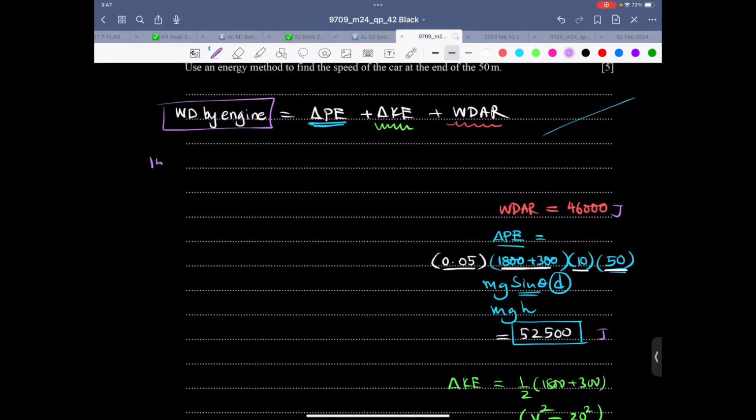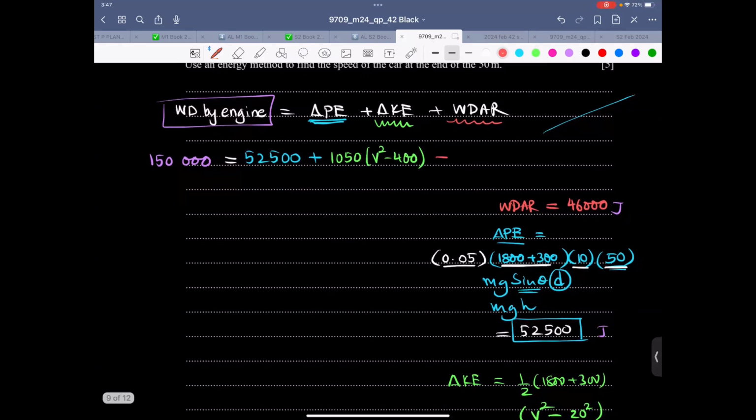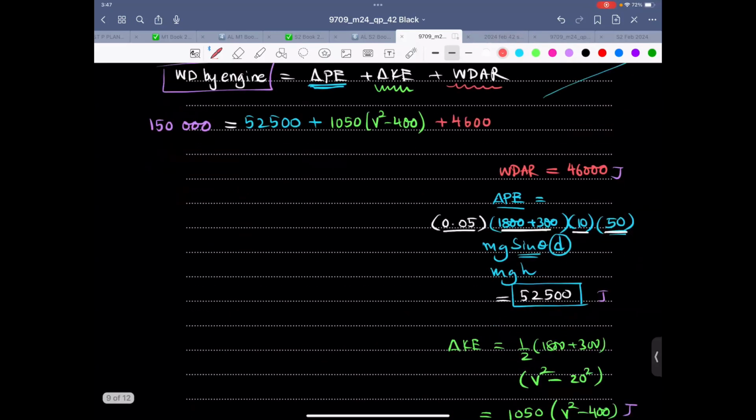So first of all, 150,000, that goes over here. And then equal sign, change in potential energy, that is equals to 52,500 plus change in kinetic energy, that is 1050 times v square minus 400, and also work done against resistance, that is 46,000. So that's how things are written.